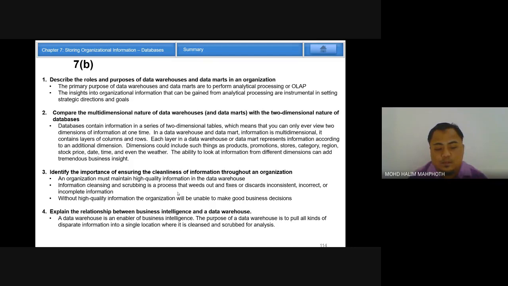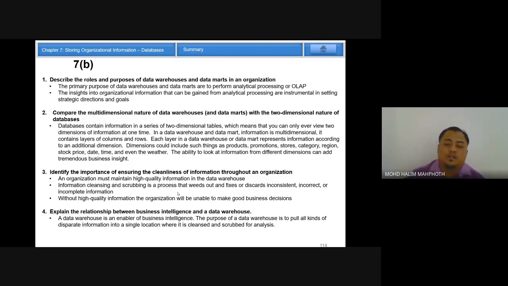And the last one, explain the relationship between business intelligence and data warehouse. So the data warehouse is the enabler of business intelligence. Intelligent is more towards smart. How smart is your business? It can be supported through a good data warehouse.